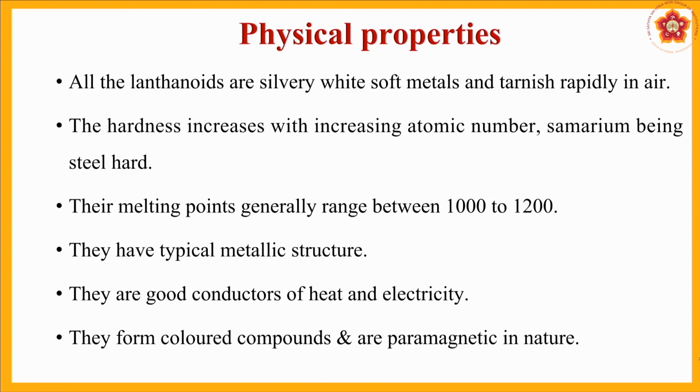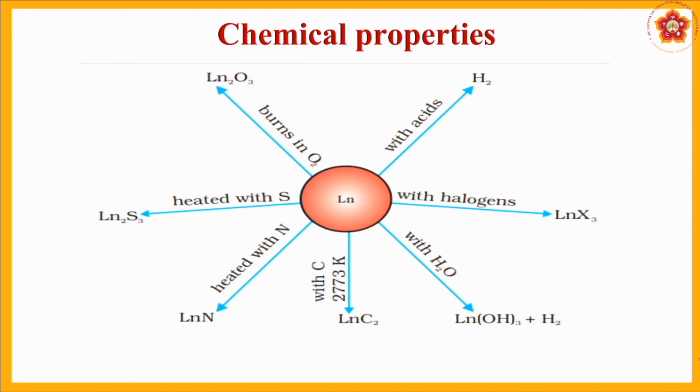Moving on from physical properties, now certain chemical properties. What do we understand by chemical properties? Physical properties are what we see in the natural state as such, but chemical properties are how they react.